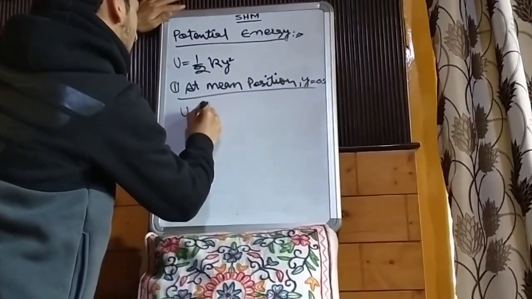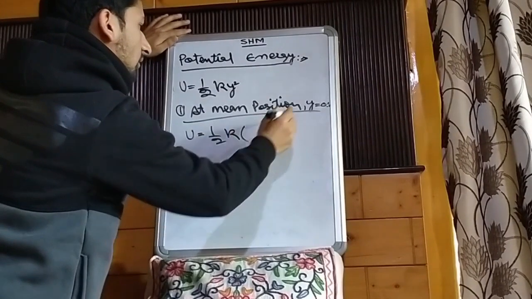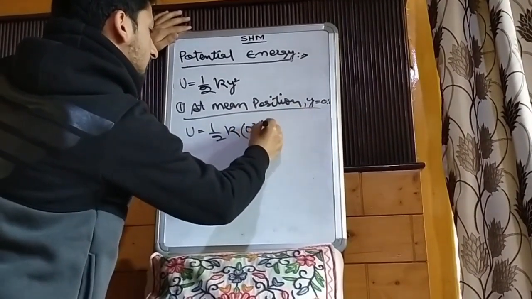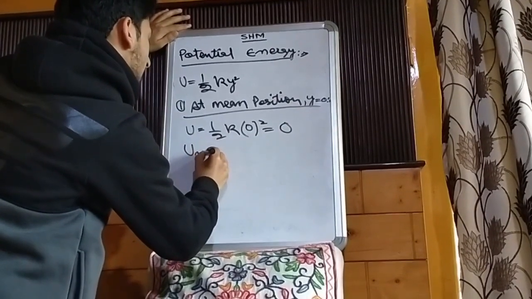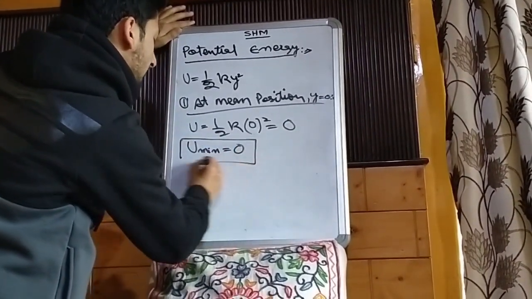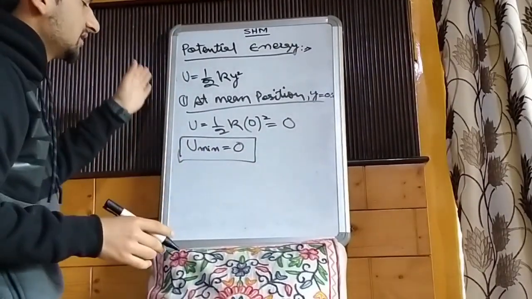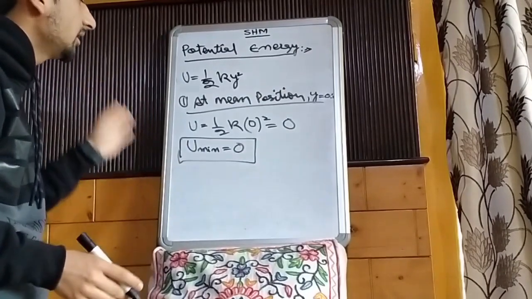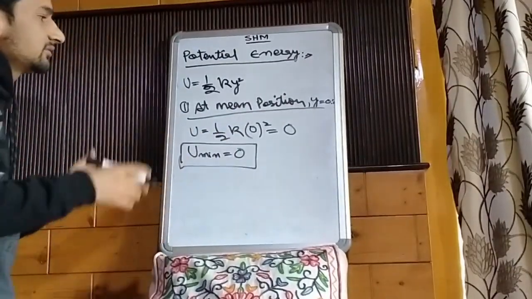So this will be 1 half of k times 0 square, which is equal to 0. So at the mean position, the potential energy of a particle executing simple harmonic motion is minimum, and it is equal to 0.